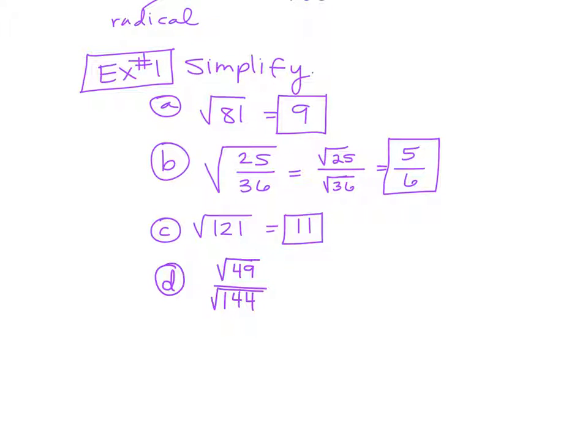Do you guys know the square root of 49? That would be 7, and then the square root of 144 is 12. Okay? So whether they put the big square root or two separate square roots, you do it the same way. Make them two separate and find the square root of each. Okay?